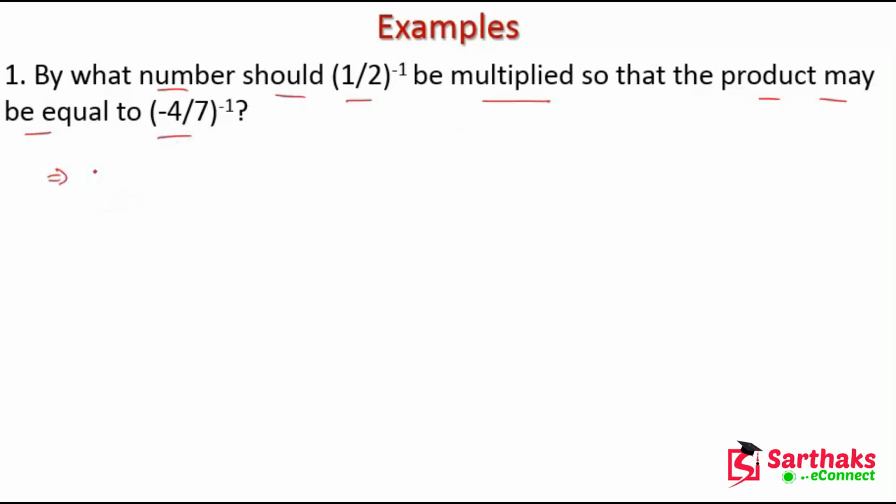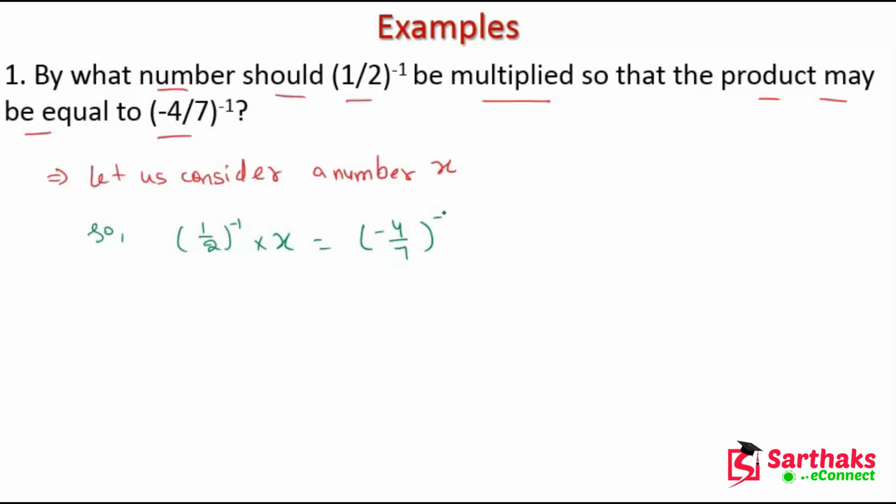First of all, let us consider the number to be x. So 1 upon 2 raised to power minus 1 into x, according to this problem, equals minus 4 upon 7 raised to power minus 1.